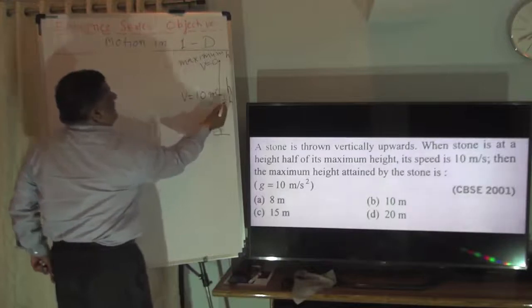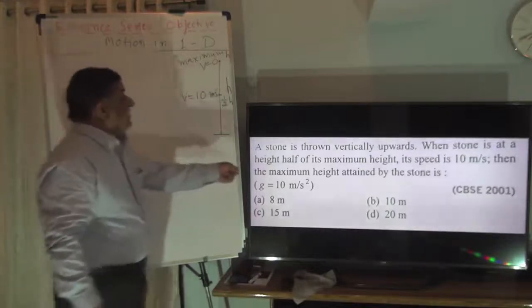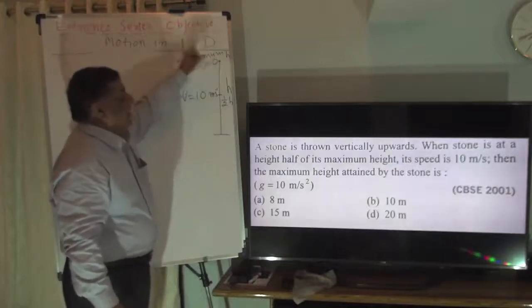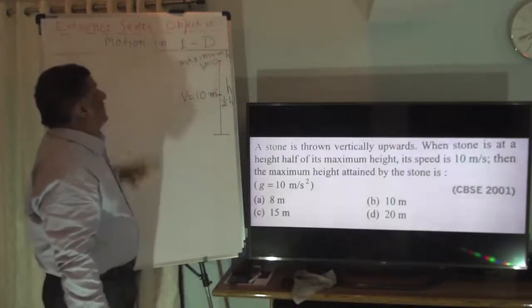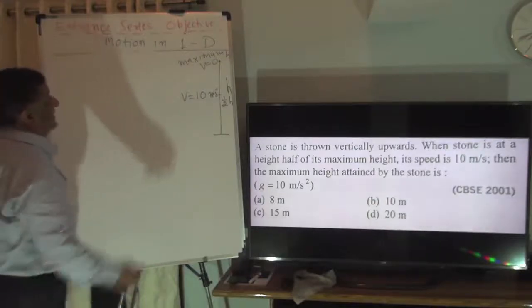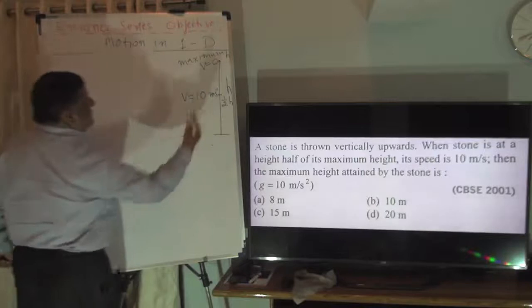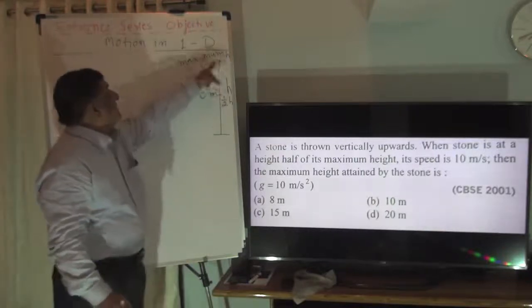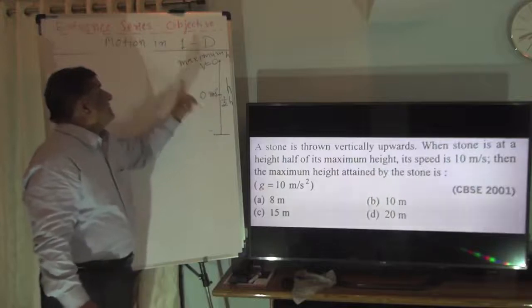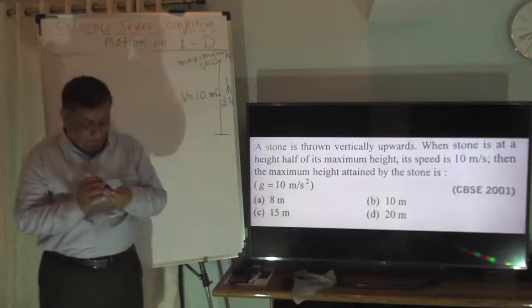Then the maximum height attained by the stone, we have to find the value of h. These are the given quantities. Initial velocity here is not given. Final velocity is 0. And here this velocity is 10 meters per second.